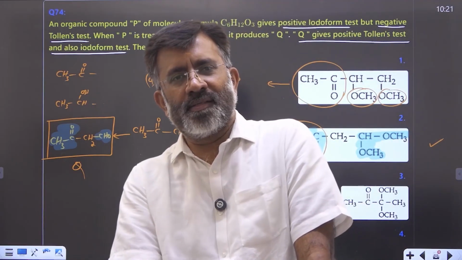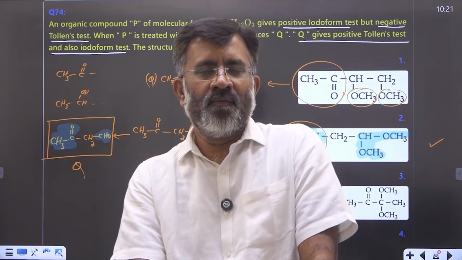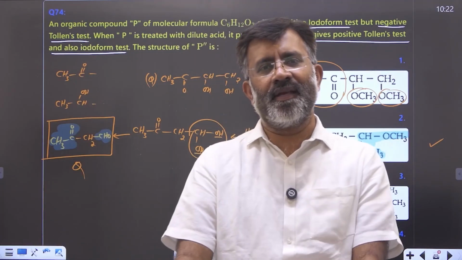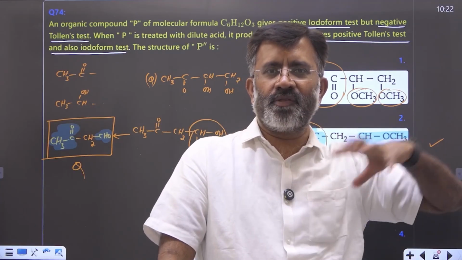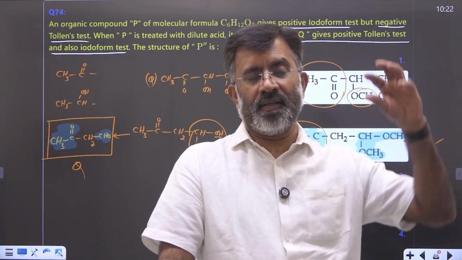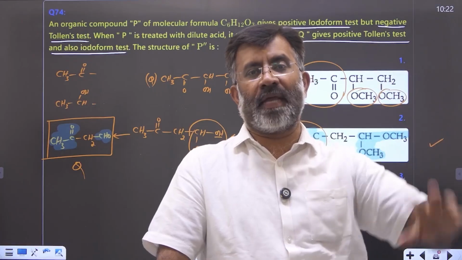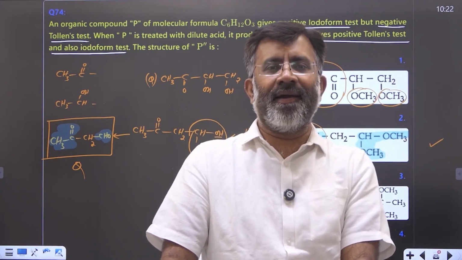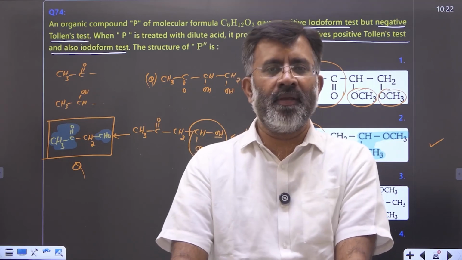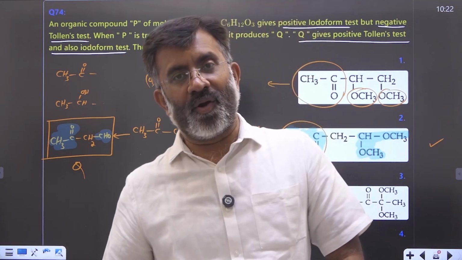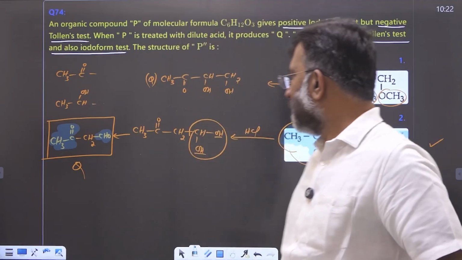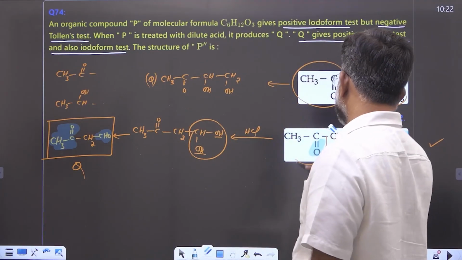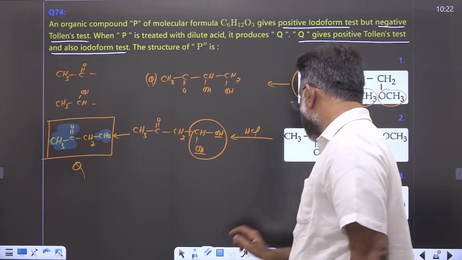So before hydrolysis, the compound P will give you the iodoform test but not the Tollens test. After hydrolysis, that CH(OCH3)2 part, the gem dialkoxy group, will be converted to an aldehyde group, and that aldehyde group will be able to give you the Tollens test also. Okay, so the result is the second option. So our answer will be that one.